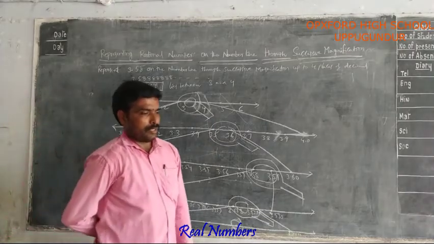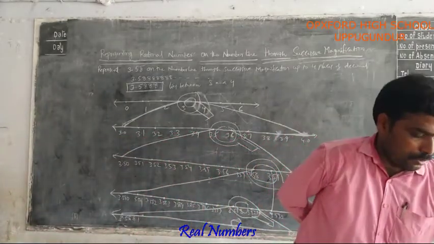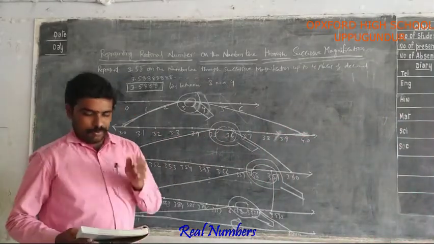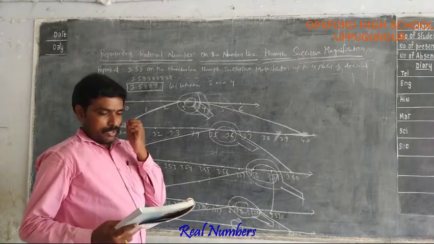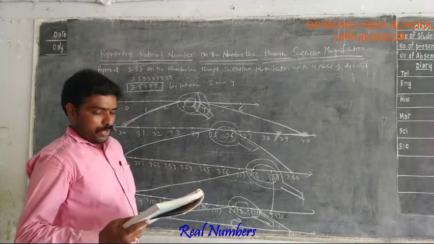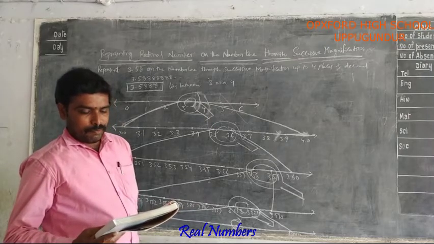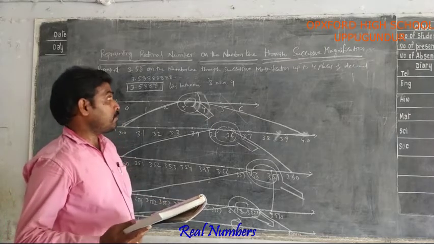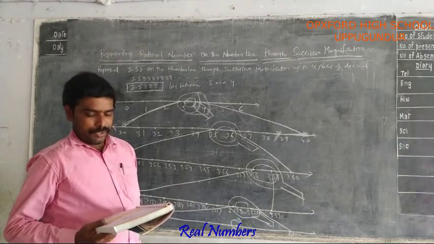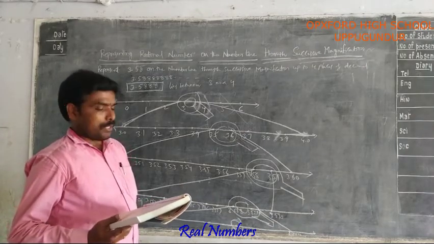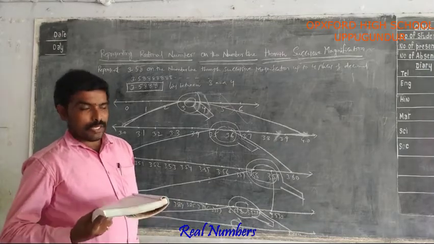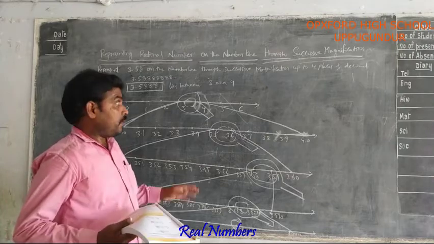I don't know whether you have the textbooks or not. If you have the textbooks, then based on this we can do exercise 1.3, first problem and second problem. In the first problem, they gave: visualize 2.874 on the number line using successive magnification. This one I already told you in the previous problem.